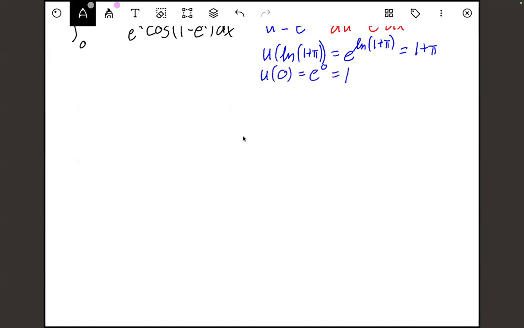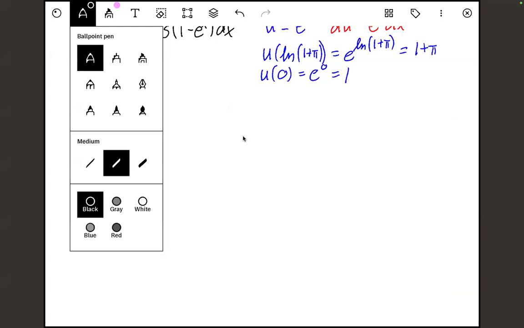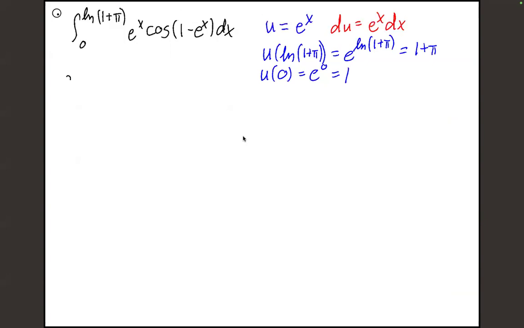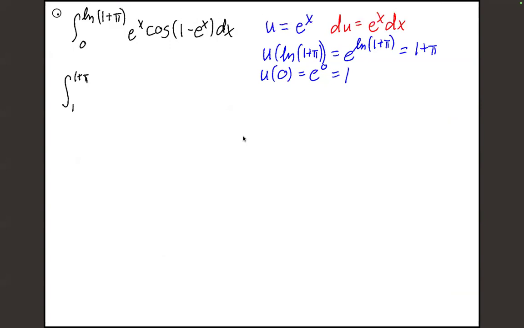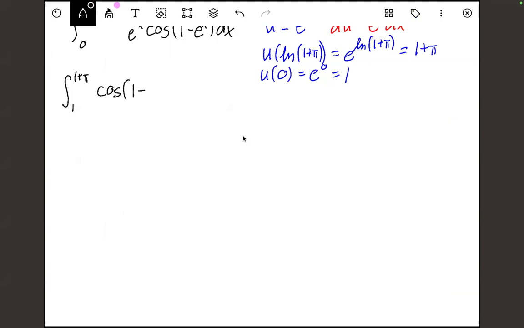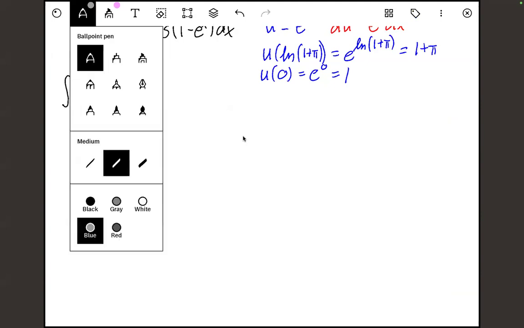So rewriting this whole integral, we get the integral from 1 to 1 plus pi of, right? So now we have, remember, u equals e to the x. So we end up with cosine of 1 minus u.